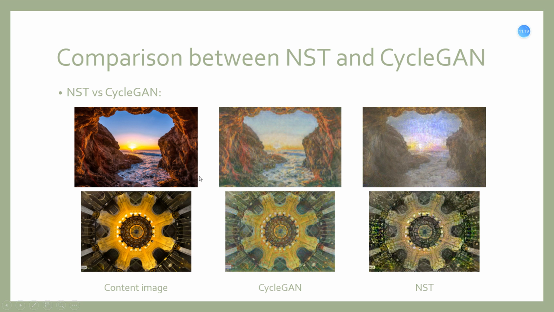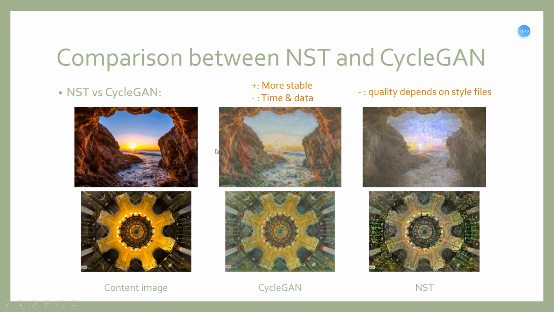In order to compare AST with CycleGAN, for each original image, I chose the best result I got from my tests for AST. For CycleGAN, we can see that the quality of its generated images is more stable.